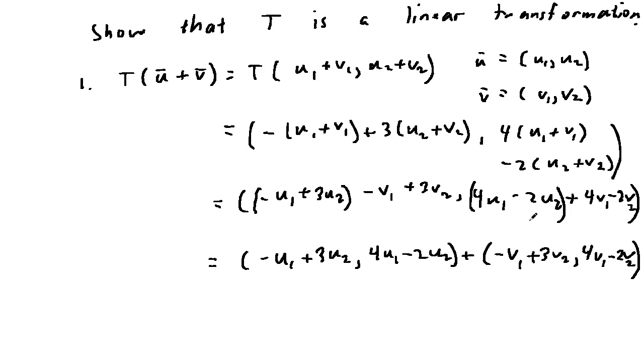So I just broke it up, looking at it as the sum of these two vectors. But now notice that this part here, that's just T of u. And this part here, that's T of v. So the first condition for a linear transformation checks out.